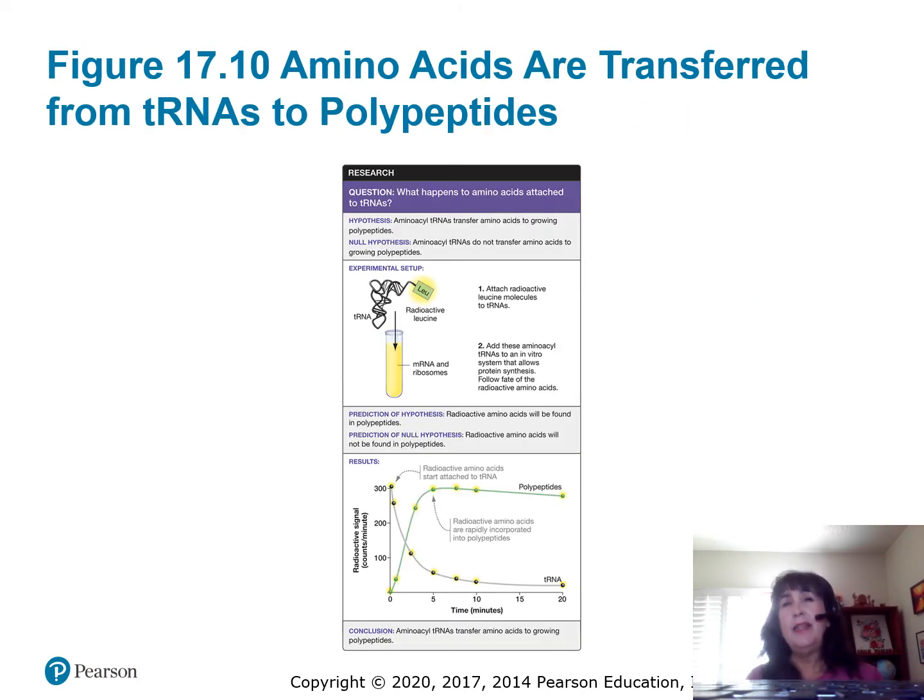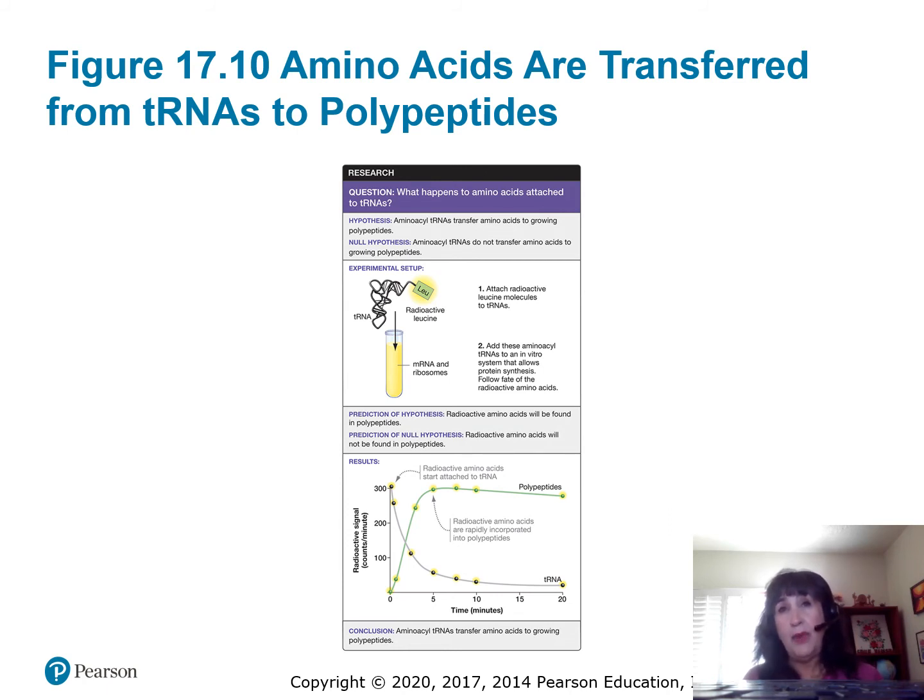So they did this experiment, and what they had done is they had messenger RNA and ribosomes in a test tube, and by serendipity they saw that over a few minutes none of the amino acids were there anymore. Where did they go?